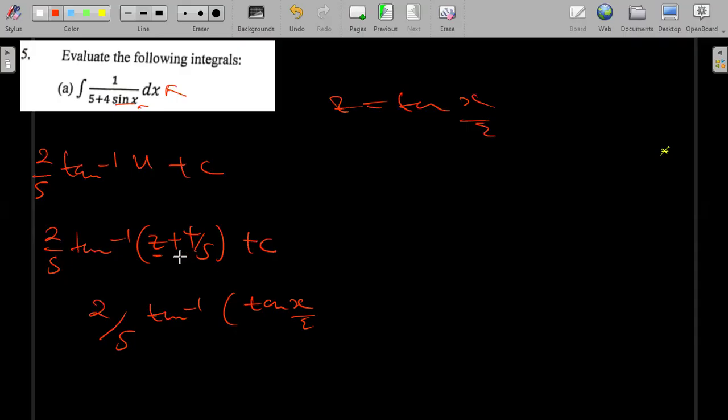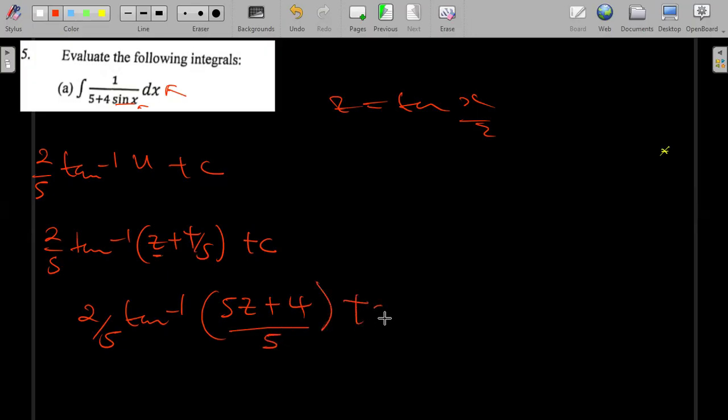Okay, so I can write this as a single fraction actually, before I even replace my z. So this can be written as 2 over 5 tan inverse of 5z plus 4, then over 5, plus my constant c.